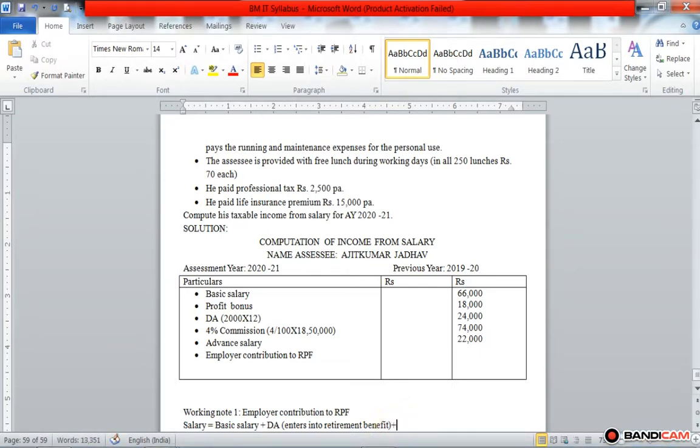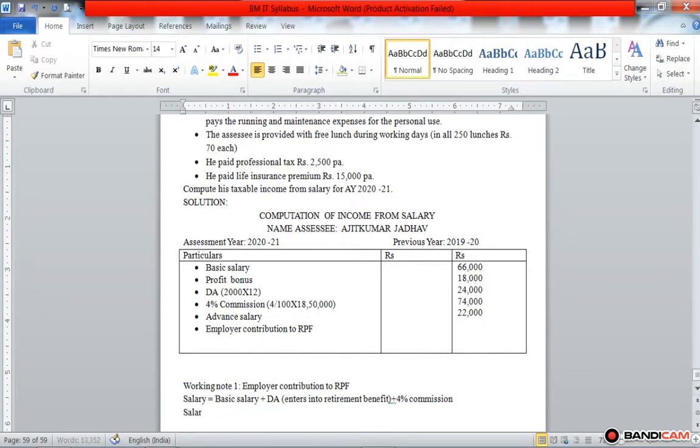Then plus commission on sales, that is 4% commission. We have to compute the commission. Here we get salary is equal to basic pay 66,000 plus DA applicable 24,000 plus commission 74,000.